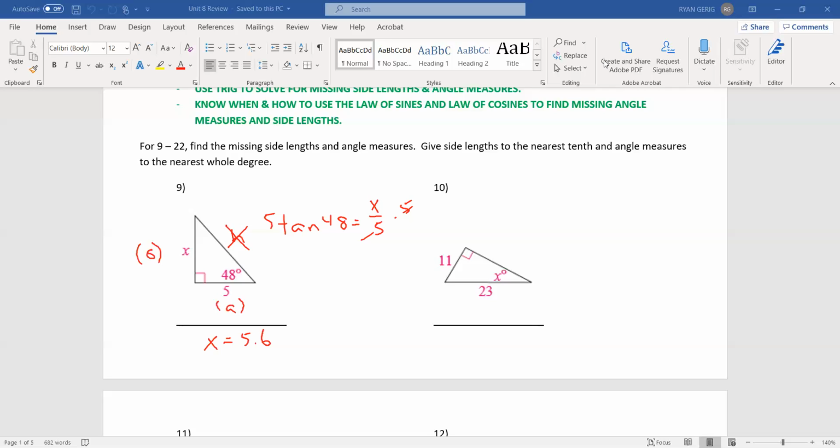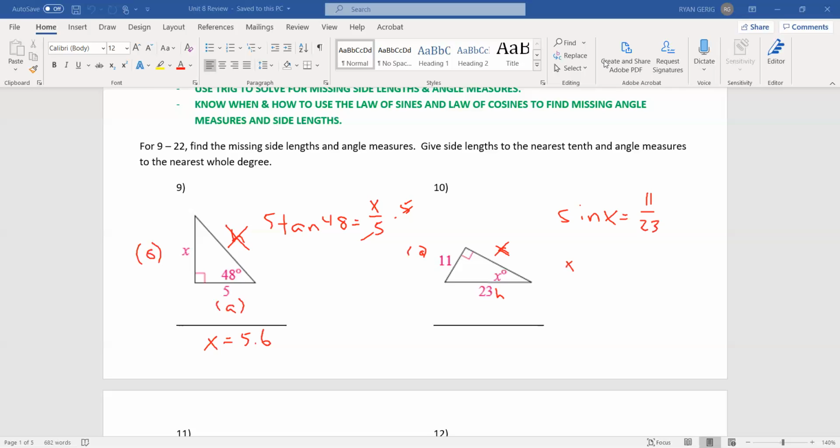Number 10, we're looking for an angle here. We have the hypotenuse is 23. With x, 11 is opposite. We don't have anything for the adjacent, so we're not using adjacent. Opposite and hypotenuse is sine. So the sine of x equals 11 over 23.